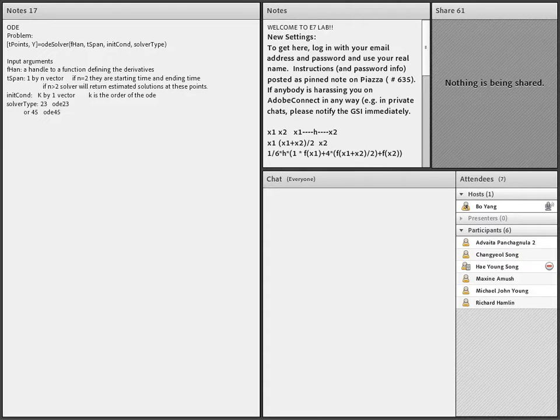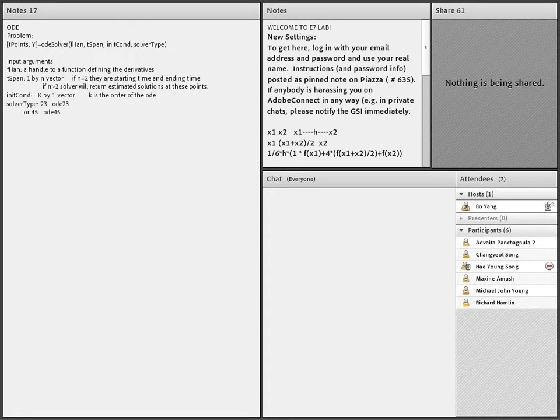And if n is bigger than 2, the result will return the estimated solution at these points.